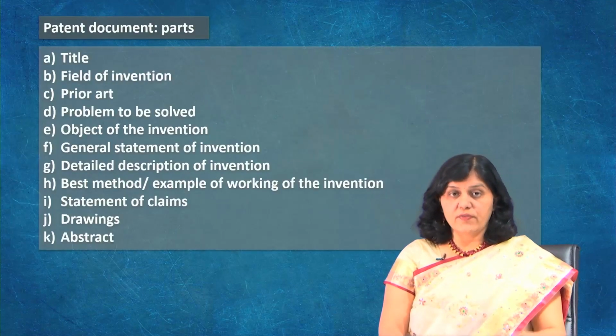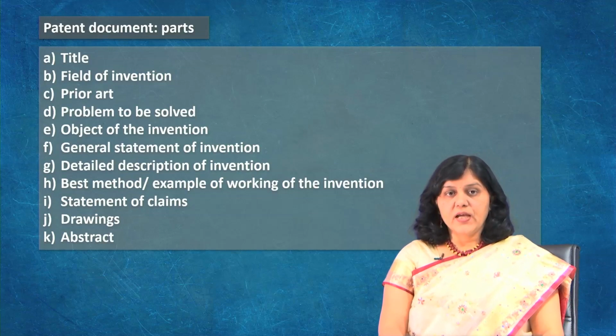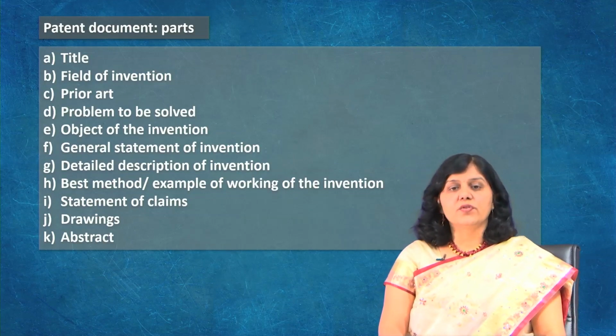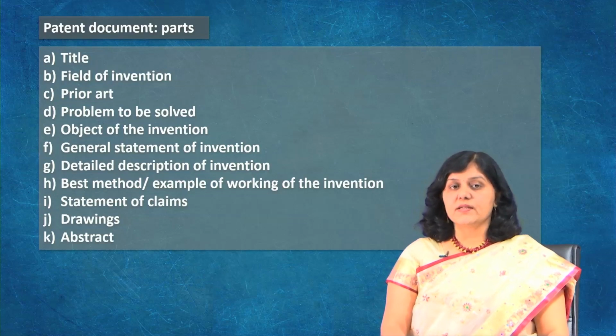Thus, the patent document starts with bibliographic information and ends with an abstract. This is the standard format of the patent document. So, a patent may be drafted by any attorney in any country; the format of the patent document is standard.